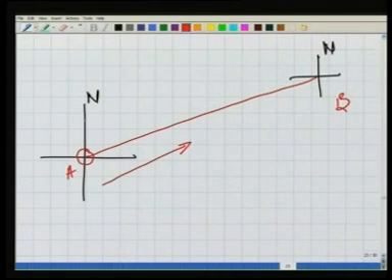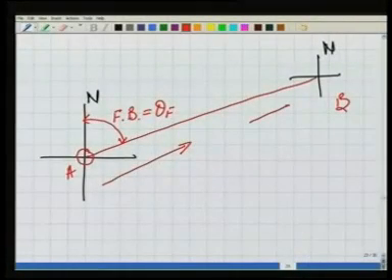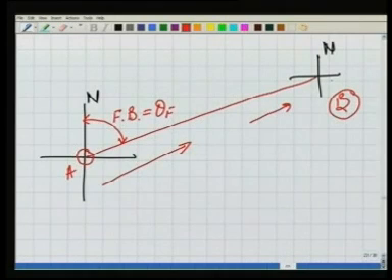So if I observe the bearing of this line AB, this particular value, this is called fore bearing. Let's say this is theta F. Then if I have reached the point B, I am at the point B now. Being at the point B, I can measure the bearing of line BA.